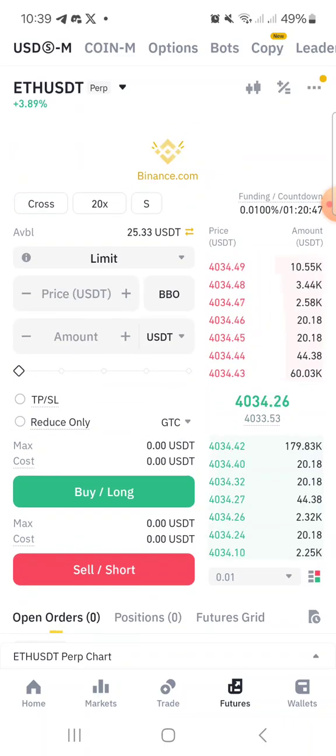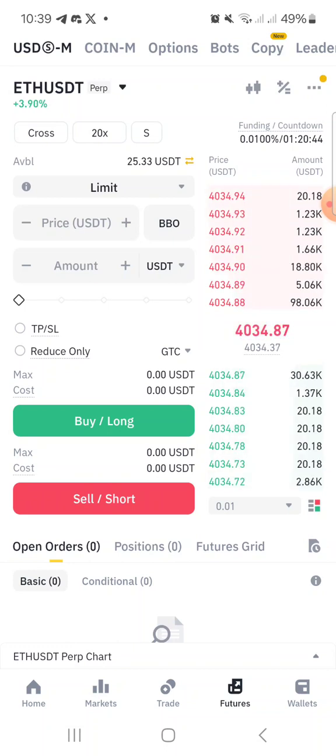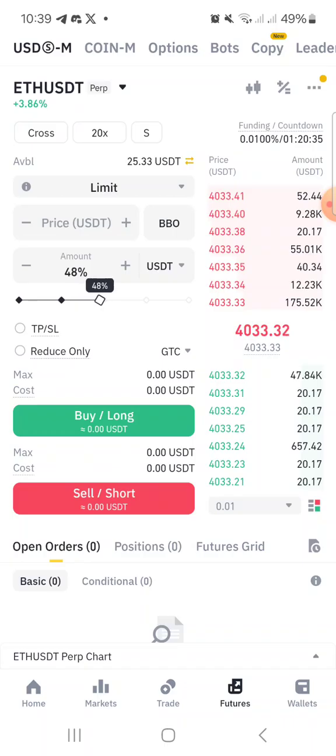Now that I have money there, the cross means that for every trade, my capital that I have, $25, for every trade, if I select, let's say, half of my money to be used for the trade, and that half is not able to service the trade and my half is finished, the trade goes against me, and the half, which is about $12 or $13, is done, finished.